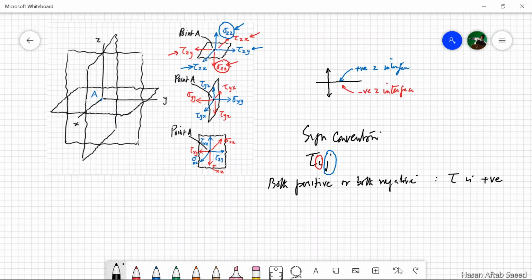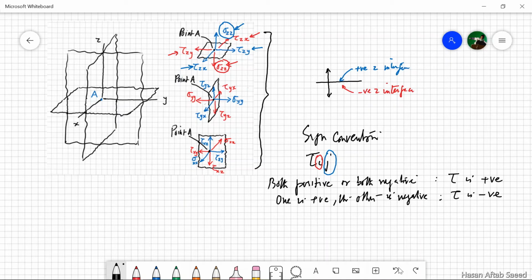Negative if one is positive and the other is negative. It is obvious that all the stress components shown here are positive.